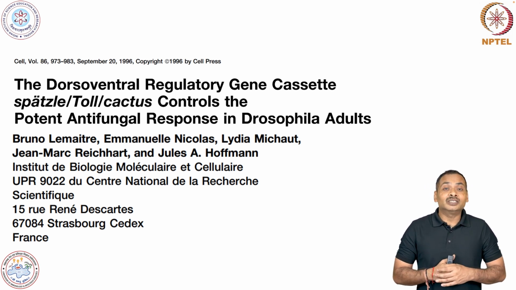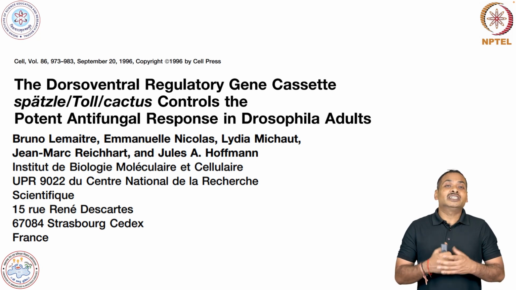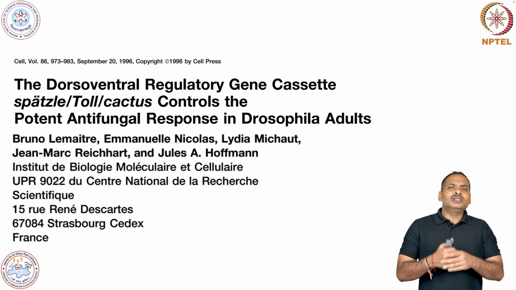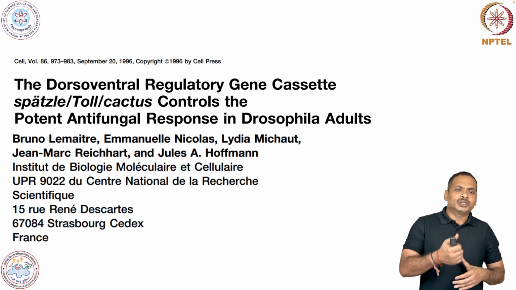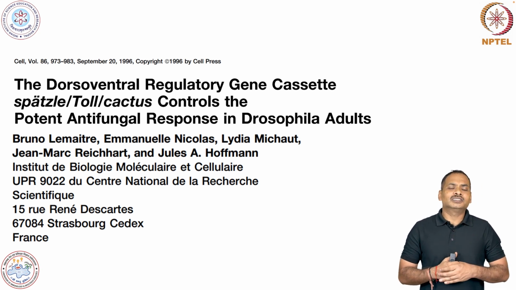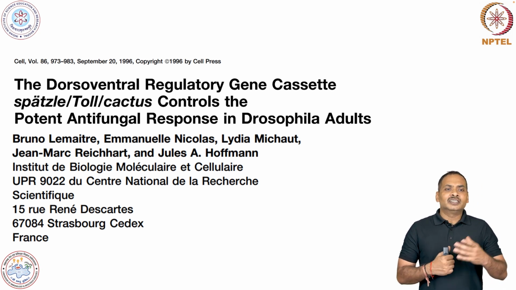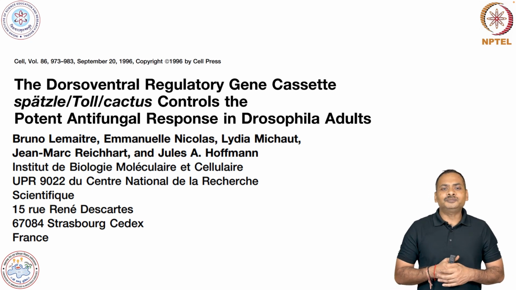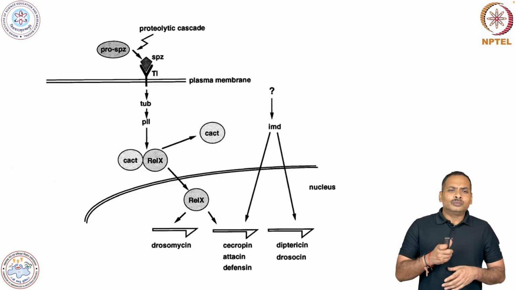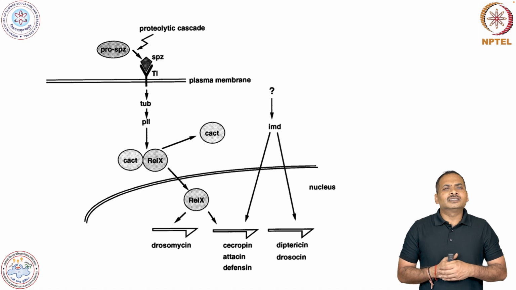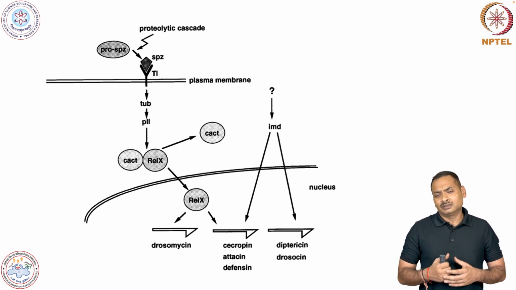and also plays a very important role in defense against microbes. They are basically antibacterial and antifungal. All this work was reported in this article, published in Cell in 1996. He suggested that there is a protein known as Spätzle, and another protein, Toll.